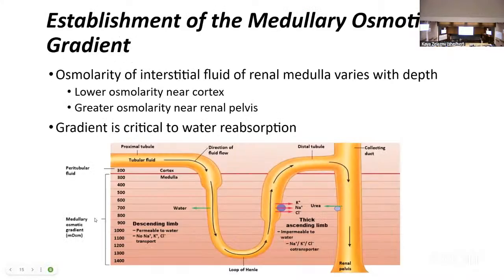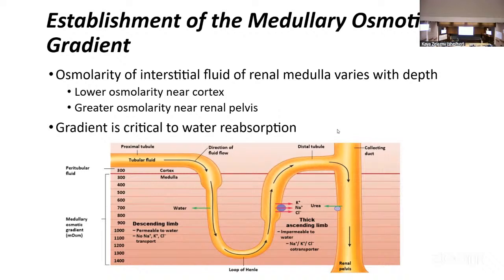So the key takeaways here are going to be that the osmolarity of our interstitial fluid, so that fluid in the spaces between the cells in the renal medulla, is going to change depending on how far down you are into the kidney. So we're going to have lower osmolarity when we're up near the cortex, and we're going to get greater and greater osmolarity as we near the renal pelvis.